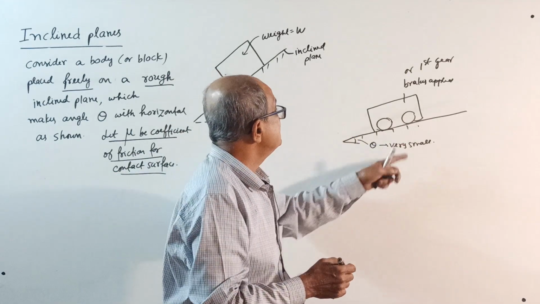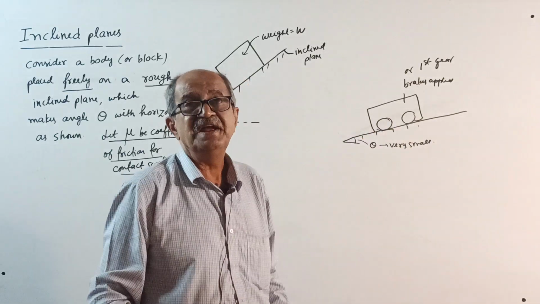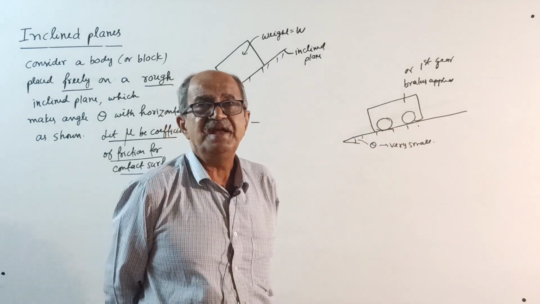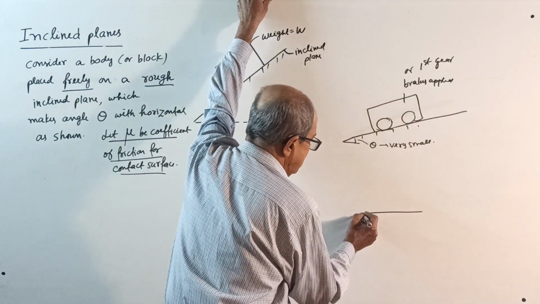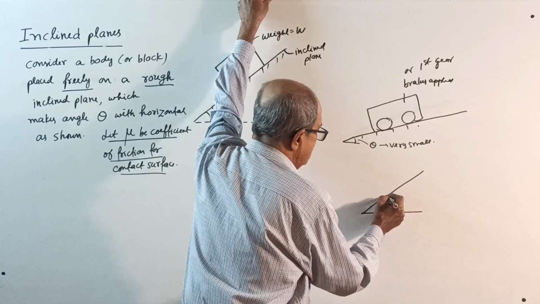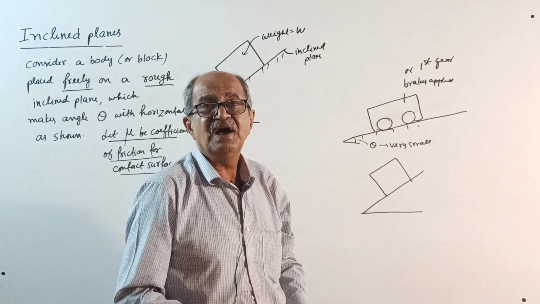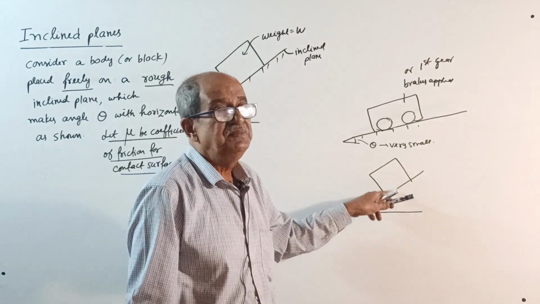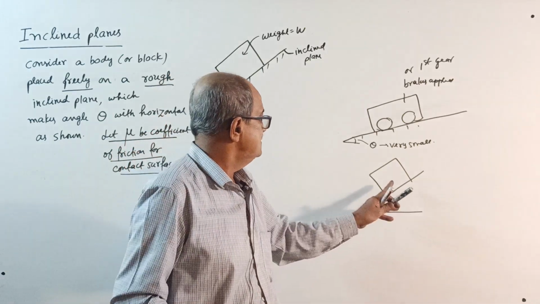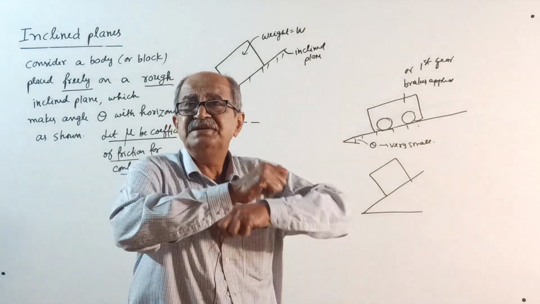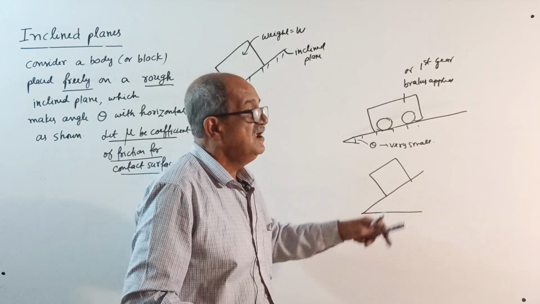It has to slide. Now you can see the vehicle will not slide, even if the angle is more, if the brakes are applied or the vehicle is in first gear. You know what first gear is? Then the wheels cannot rotate or roll. It has to slide.